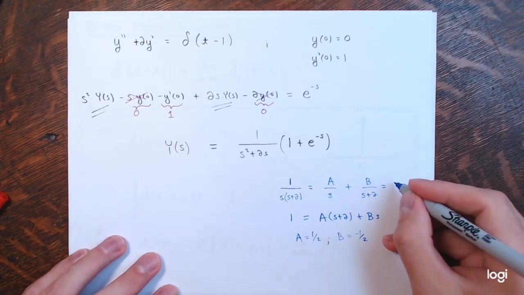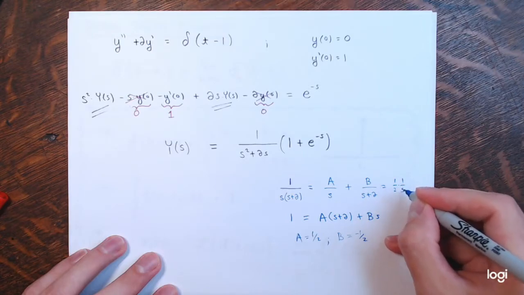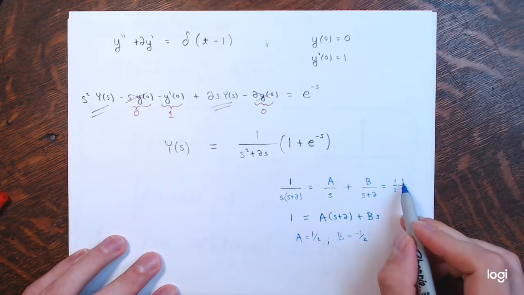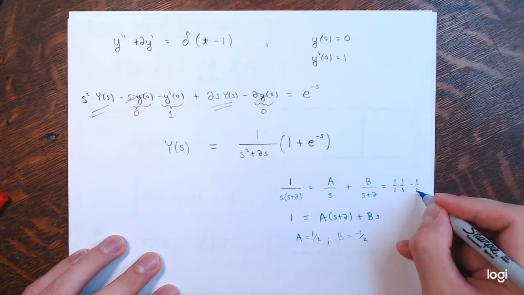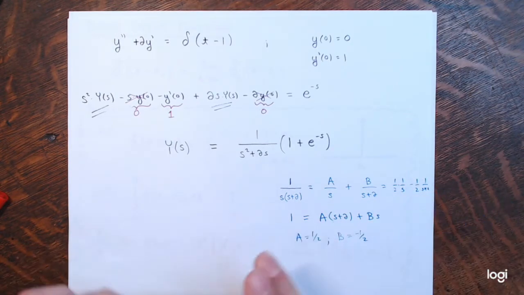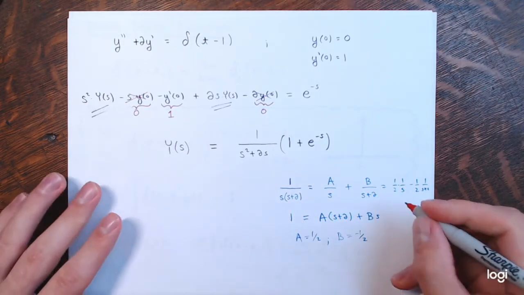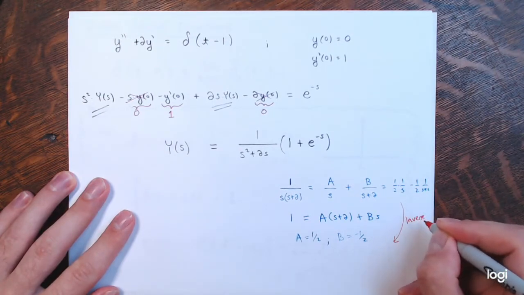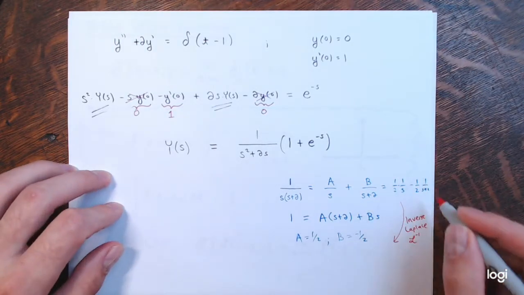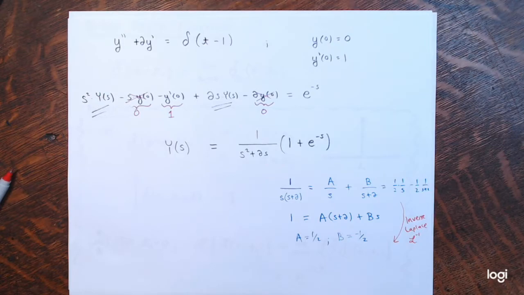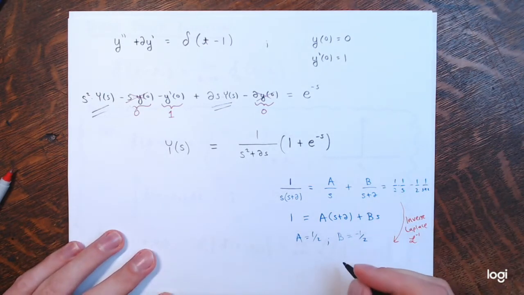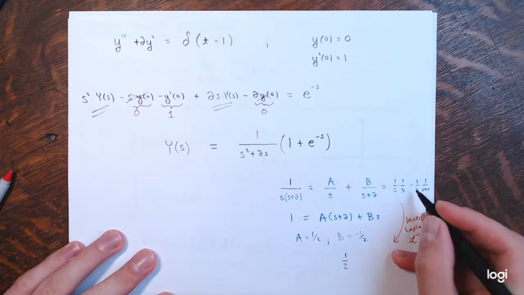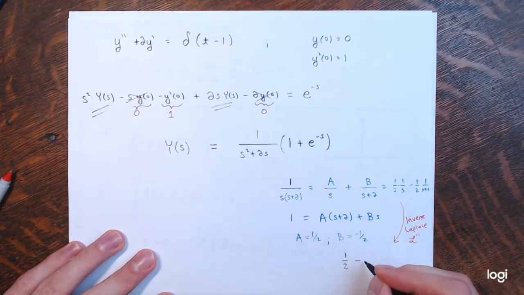All right, so we're seeing that 1 over s times s plus 2 is half of 1 over s minus a half of 1 over s plus 2. And so the inverse Laplace transform of this expression would be half of 1 minus half of e to the negative 2t.